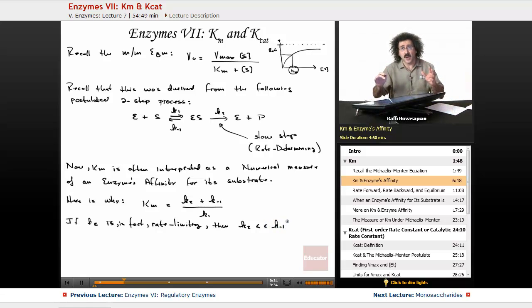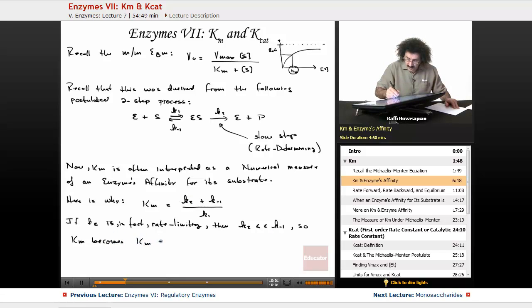It's a slow step, so the rate constant is very, very small compared to K1, this thing. So this is small compared to this. So the Km becomes, because K2 is so much less than K1, we can actually ignore it in the numerator. So Km equals K negative 1 over K1. So this is what the Km actually becomes under these conditions.